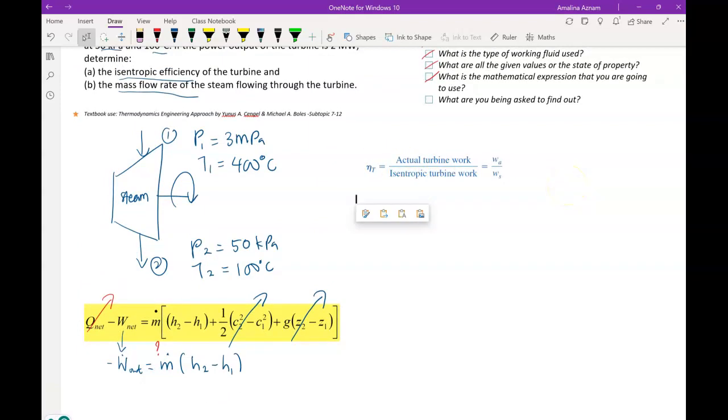Right, so if we expand this equation, it's going to be work actual over work isentropic. In this case, this is going to be your h2a minus your h1, over h2s minus your h1, times 100. So you see you have two different equations over here, and I'm going to rearrange this one at the bottom.